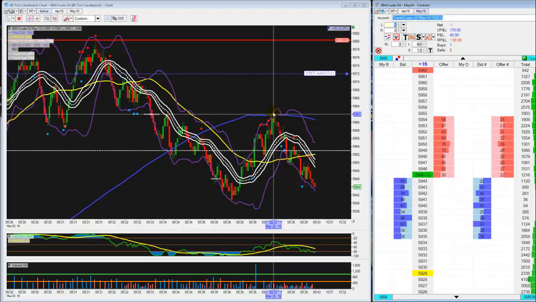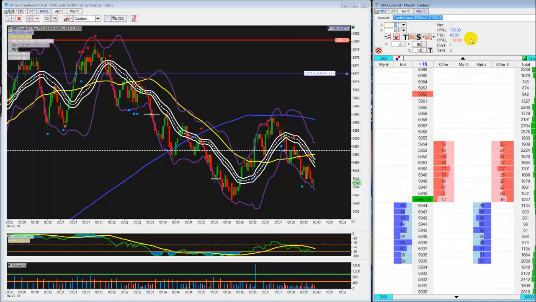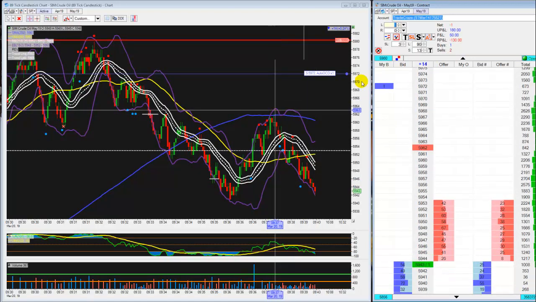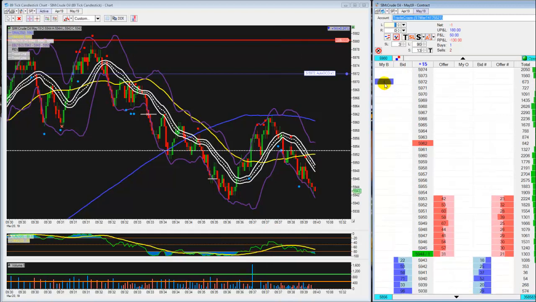All right, now we want to be 5 ticks off of 62. 62 right there. Want to move the stop to 67.